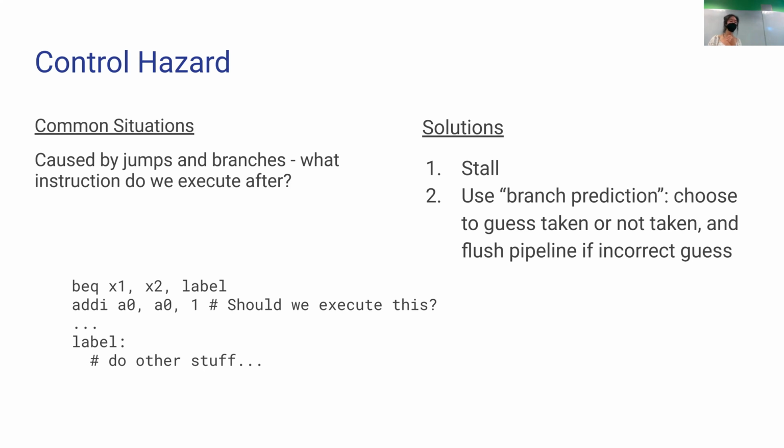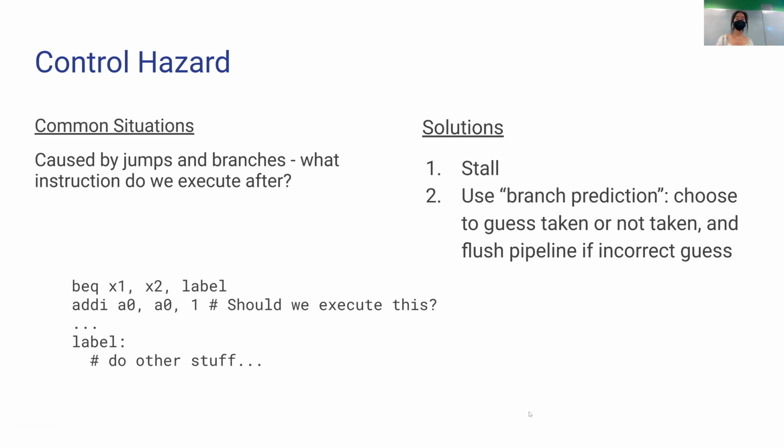It's really cool, but that's really complicated, and we don't cover that in this class. So at least in 61C, the only thing you need to be aware of is if a problem says the branch is always taken or the branch is never taken. And then you base your pipeline off of that.